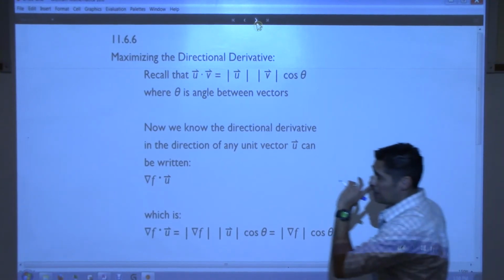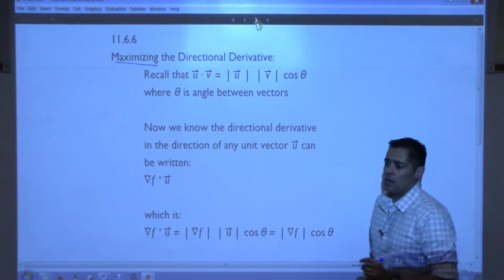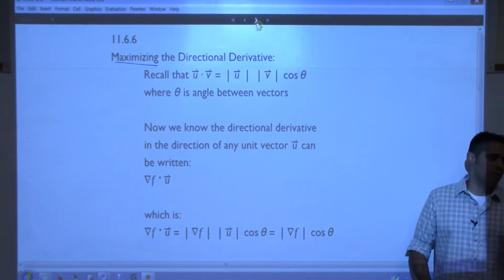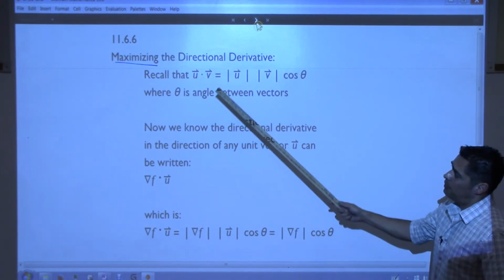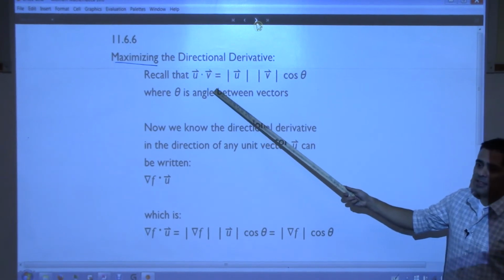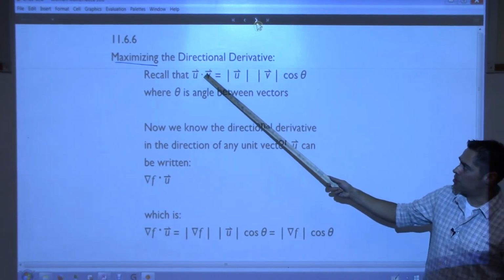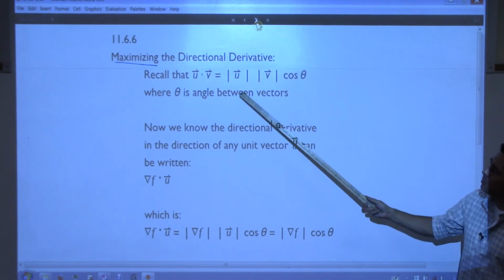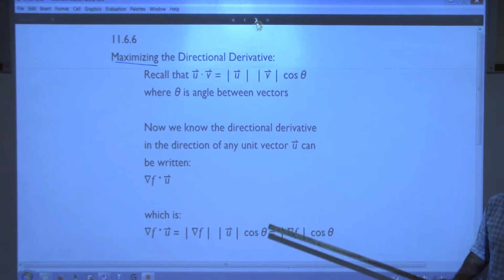We are trying to figure out what will maximize the directional derivative. What will give us the largest directional derivative? Well, looking back at the definition of the dot product, way back when, we had this alternative definition: as long as these weren't zero vectors, the dot product is equal to the magnitude of u times the magnitude of v times cosine of theta, where theta is the angle between the two vectors.